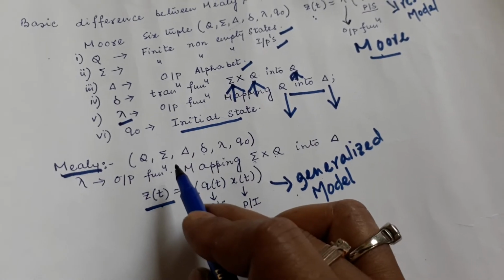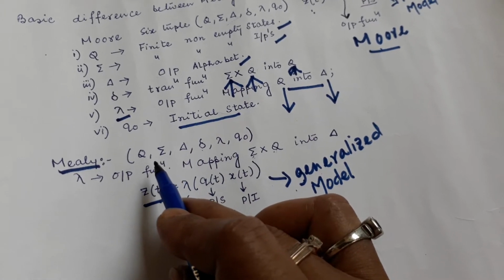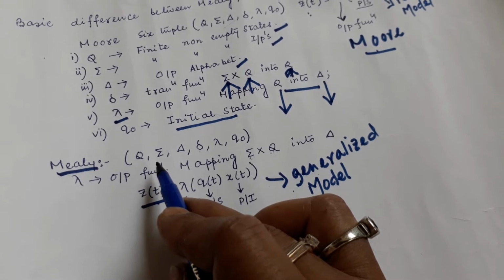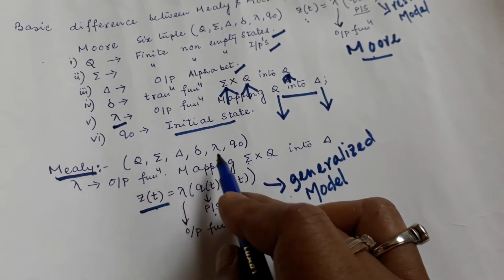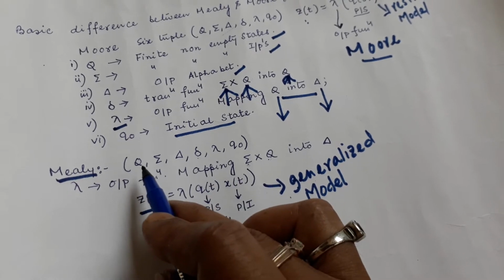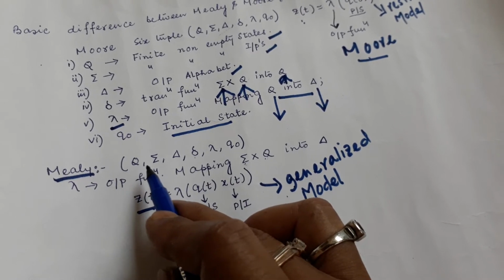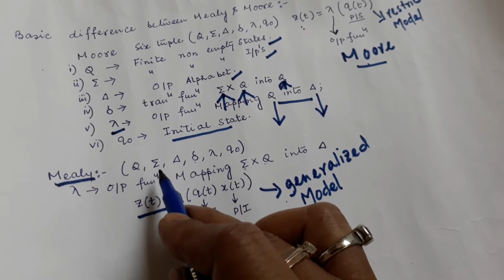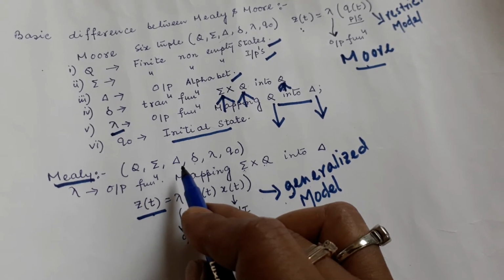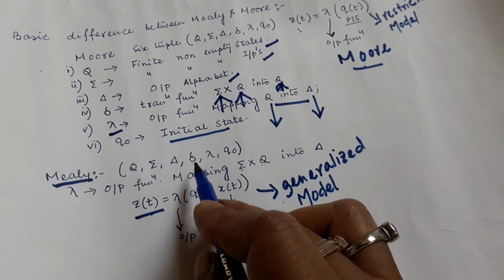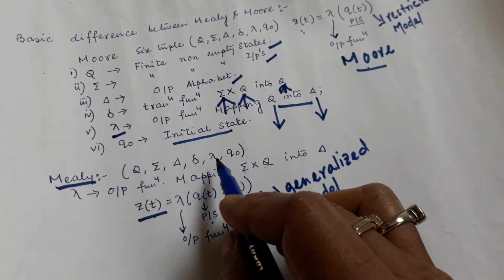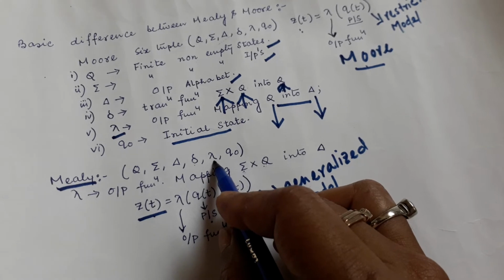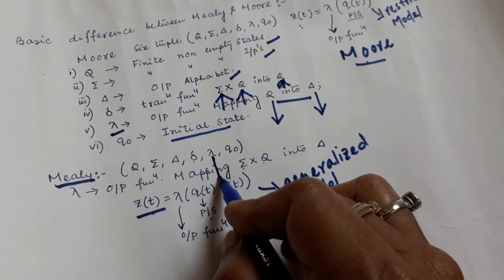Now if we check the definition of a Mealy machine, it also depends on 6 different tuples, right? Where Q is the finite non-empty set of states, and all the meanings remain the same. Sigma is the set of inputs, delta is the outputs, and delta is a transition function which maps Q into sigma into Q. Now in this case this is the difference.